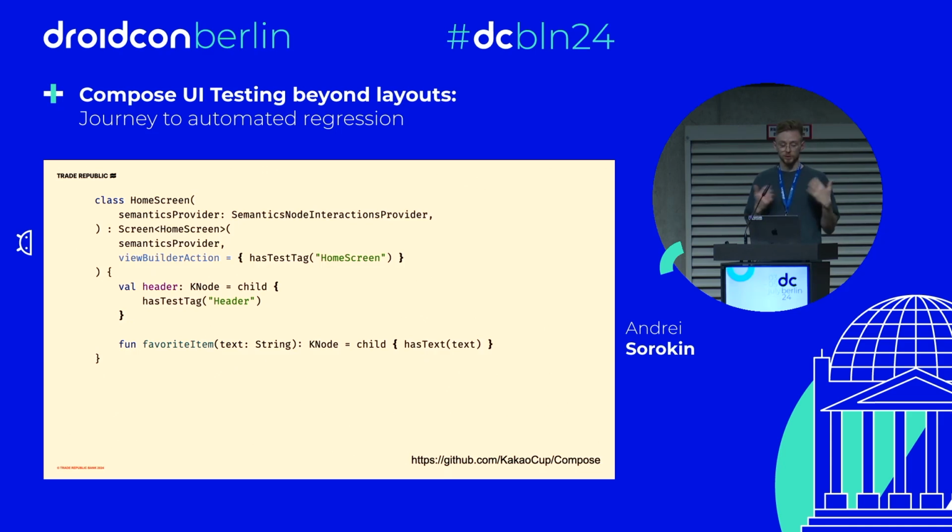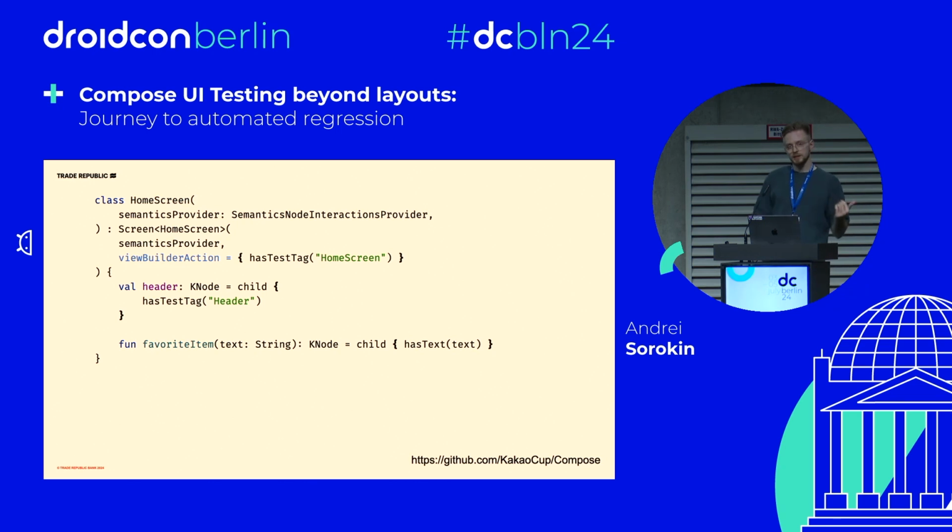So one abstraction that you could create is a screen. You could check out the Kakao Compose library that helps with that. It has some built-in node classes that you could use, and you could do it in this way. So you have a screen, you define a test tag for that, and then you have a header, a favorite item, or something like that.